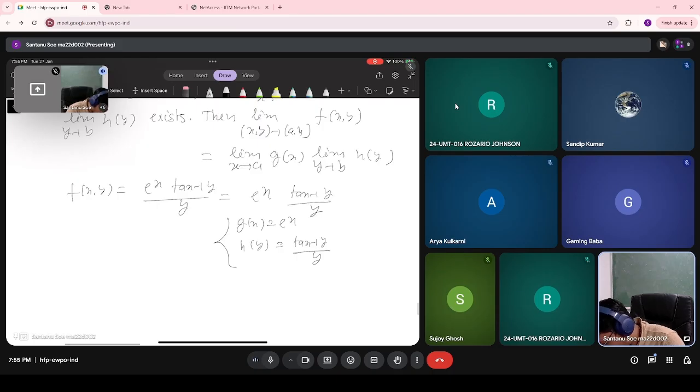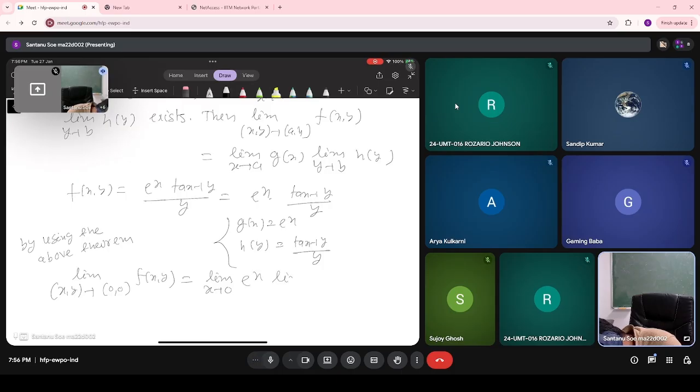So by using the above theorem, limit x y tends to 0 comma 0 of f x y is limit x tends to 0 of exponential of x, and limit y tends to 0 of tan inverse y by y.